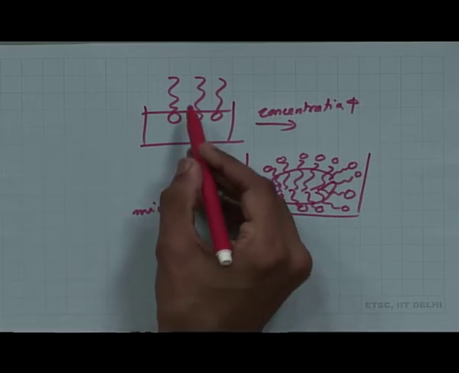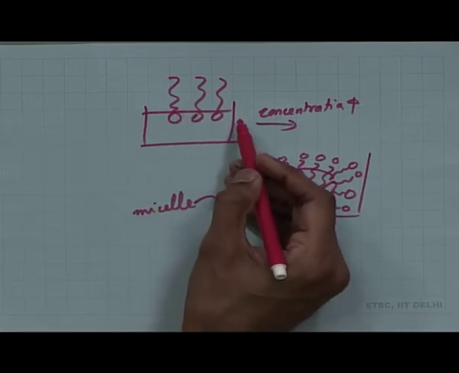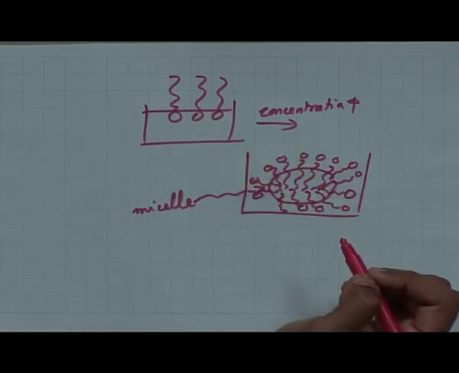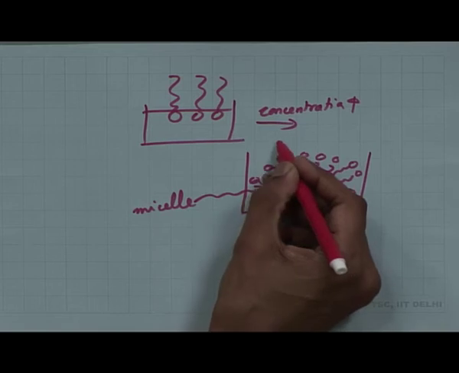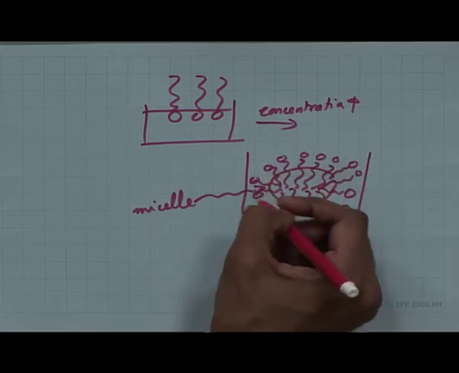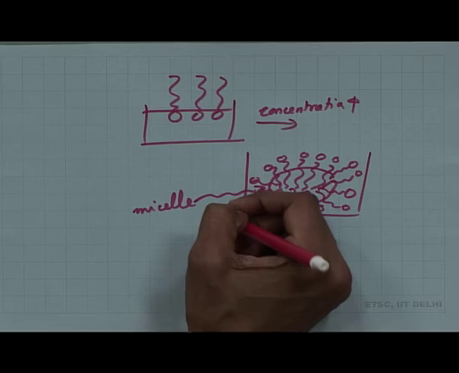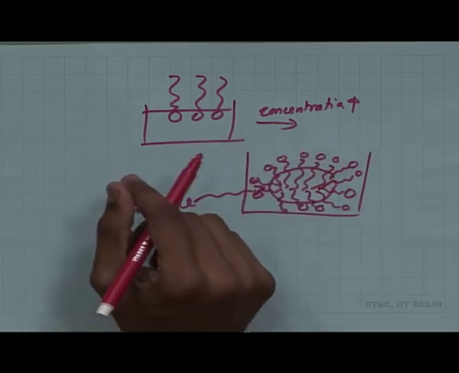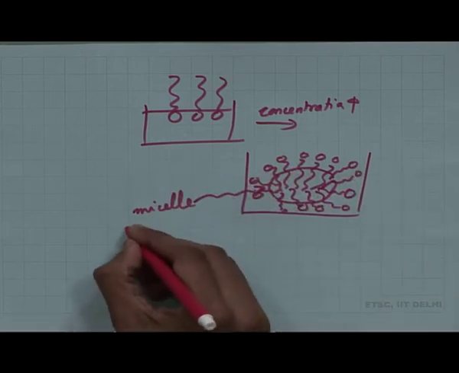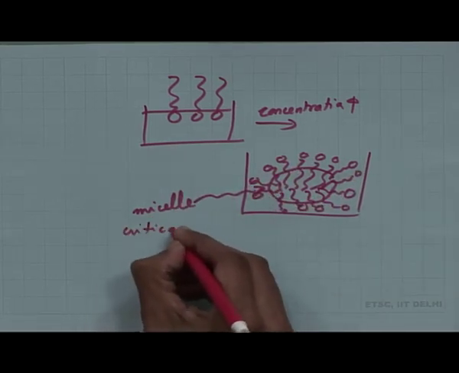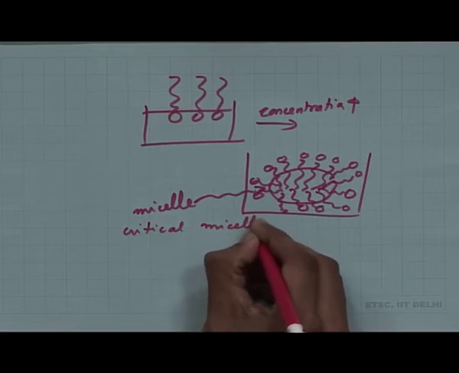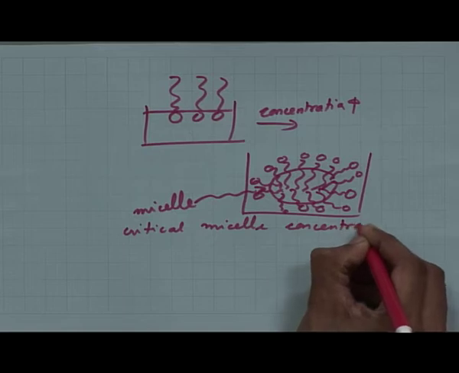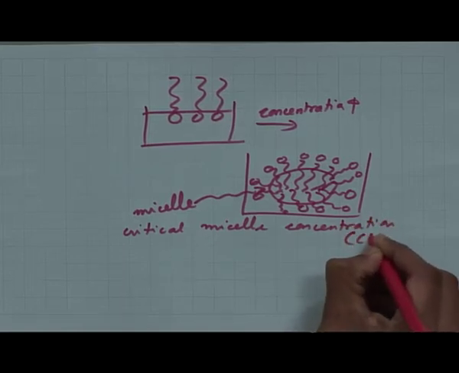A point is reached when the surfactant forms micelles, and the concentration, or range of concentration, at which this happens is called the critical micelle concentration, or CMC for short.